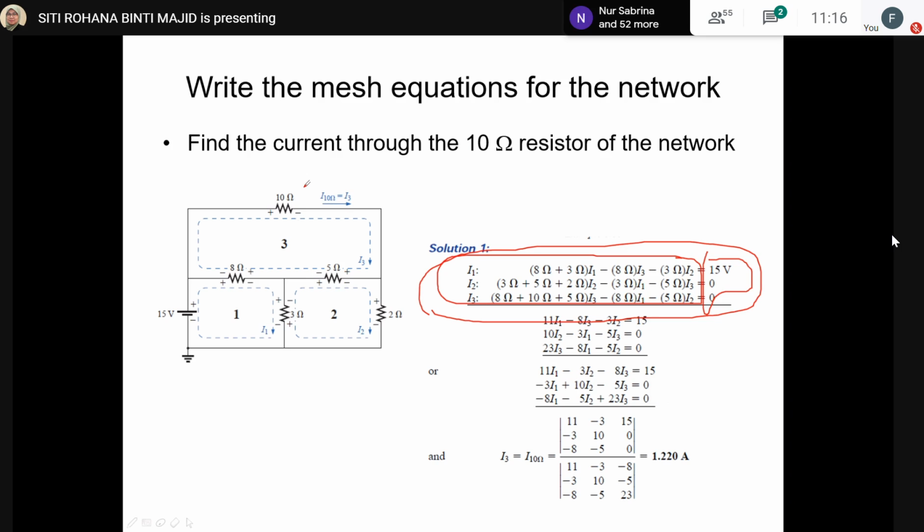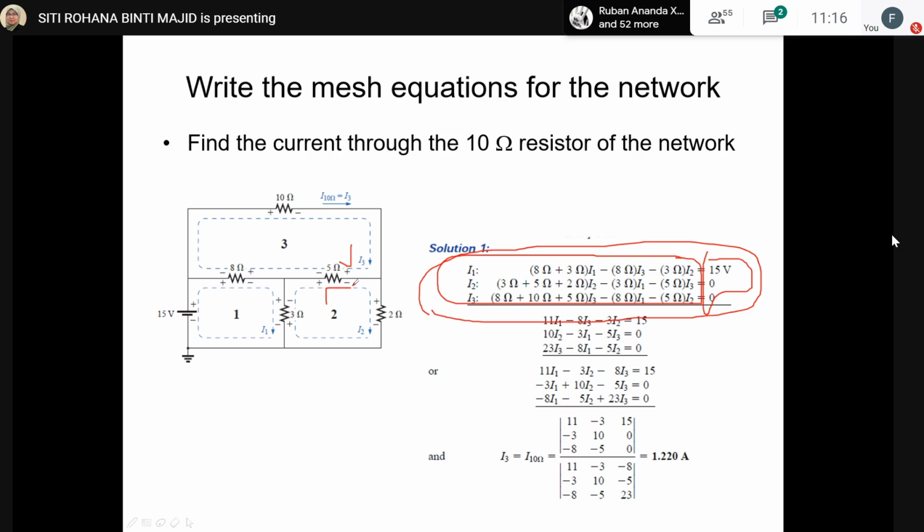So to be safe, the first step you need to do is redraw the circuit in your answer script and label it. To be detailed, you can have I3, I2.